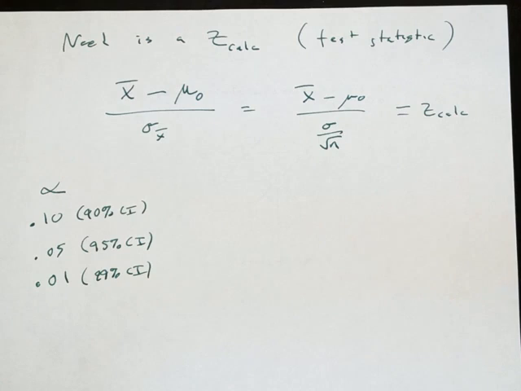And then I go all the way back to the normal distribution table. So turn to Appendix C. Let's look at our normal distribution. Go to table C2. I'm going to start with table C2.